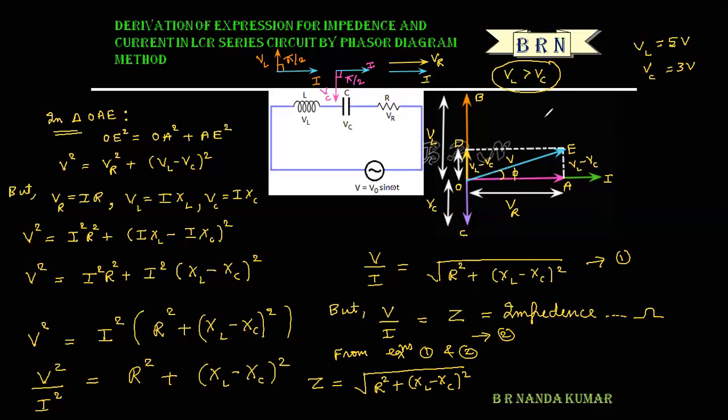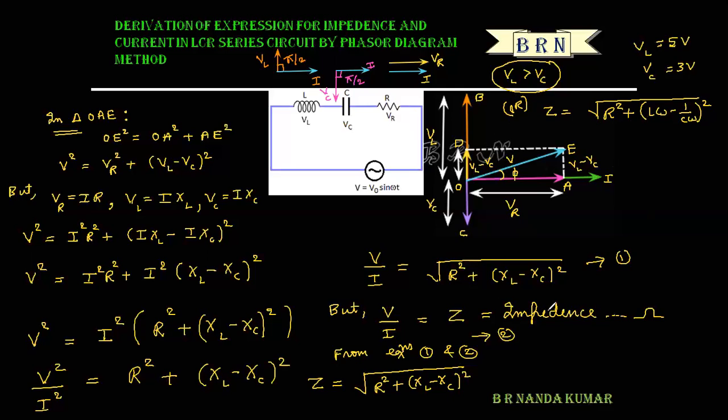Or in other words, Z is equal to the square root of R square plus (XL minus XC) whole square, where XL is L omega and XC is 1 divided by C omega. This is another mathematical expression: root of R square plus (L omega minus 1 divided by C omega) whole square, because XL is equal to L omega and XC is 1 divided by C omega.